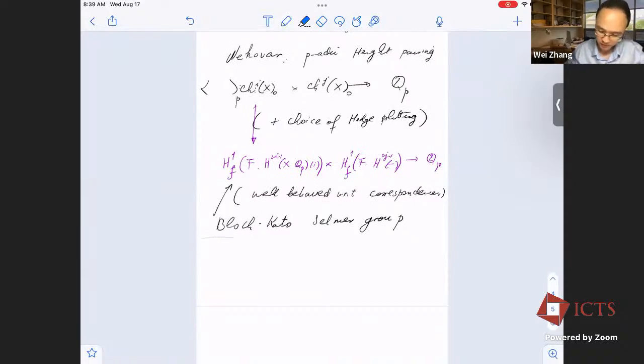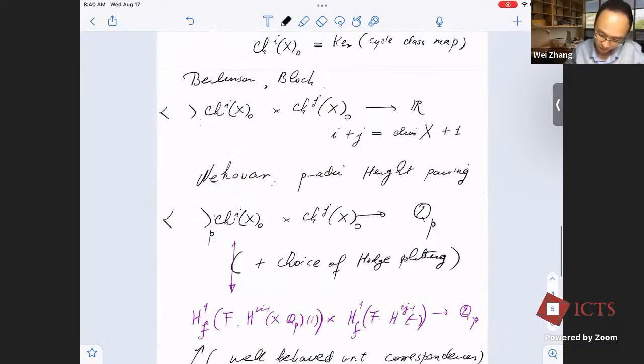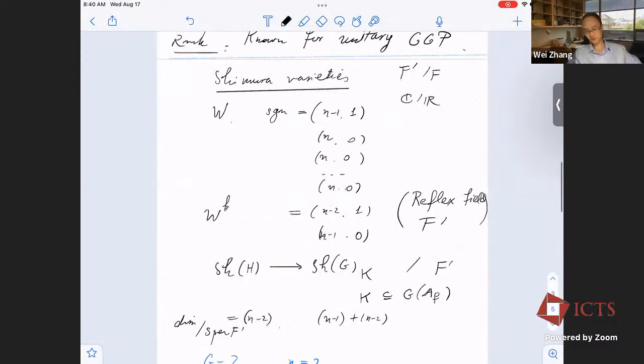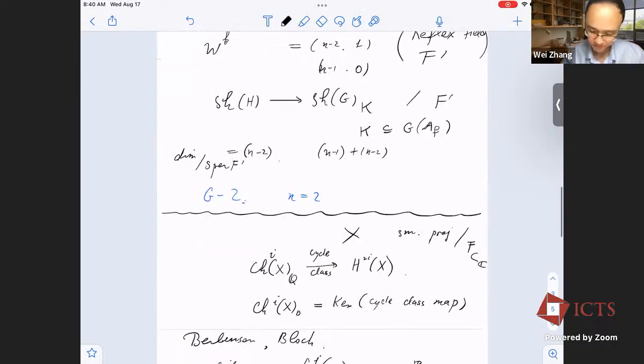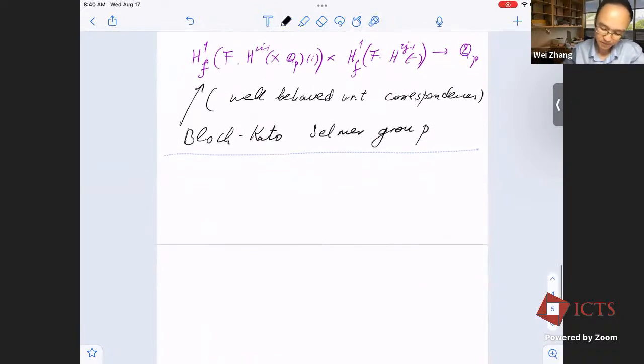So going back to the Shimura variety situation, I have Shimura varieties attached to Hermitian spaces. So now I have to make the following working hypothesis. Here we care about the cohomology of the Shimura variety.